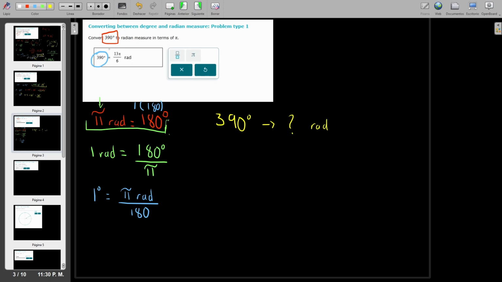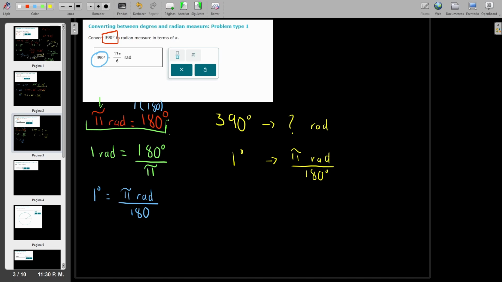But we have the value of 1 degree. We have that 1 degree is equal to pi radian over 180 degrees. That is what you need to be doing.